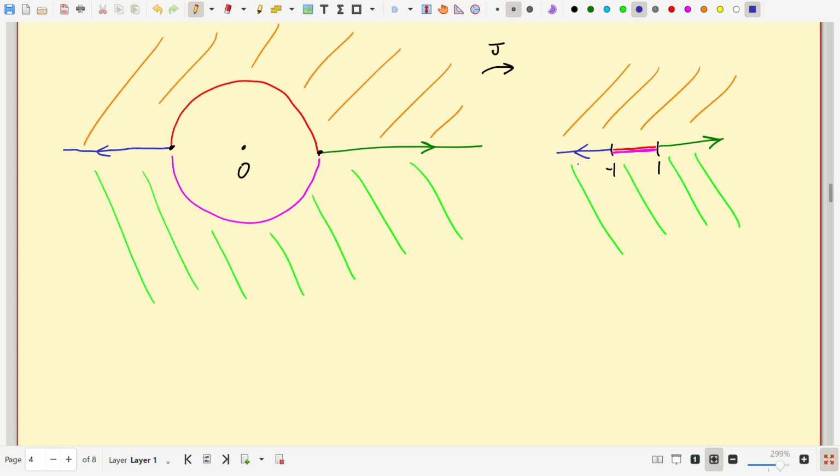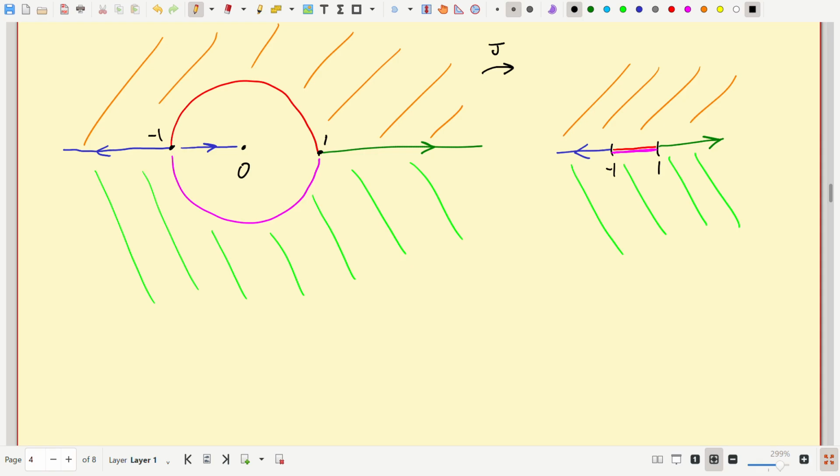And if I put this same blue line in like this, this time it would go into 0. And that blue line going into 0 would get mapped to that blue line going out to infinity on the right.